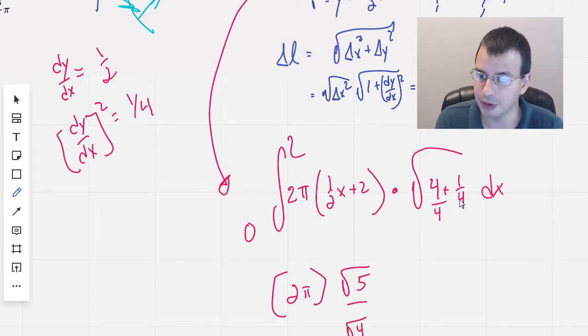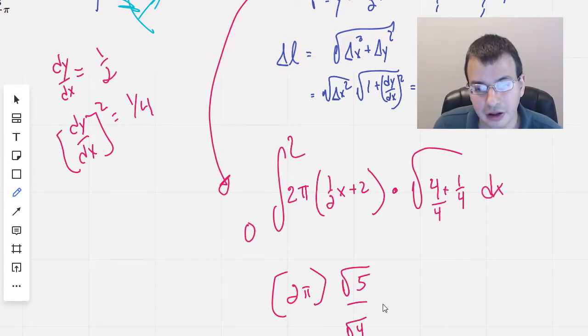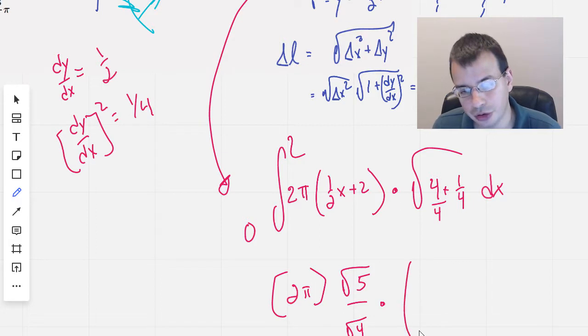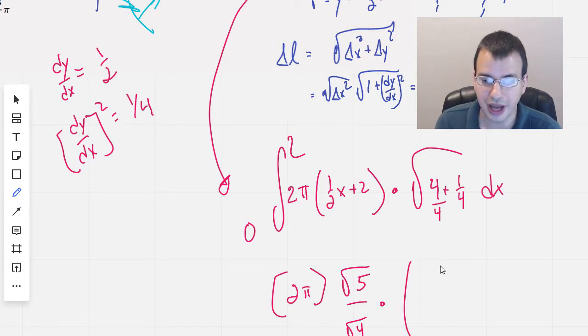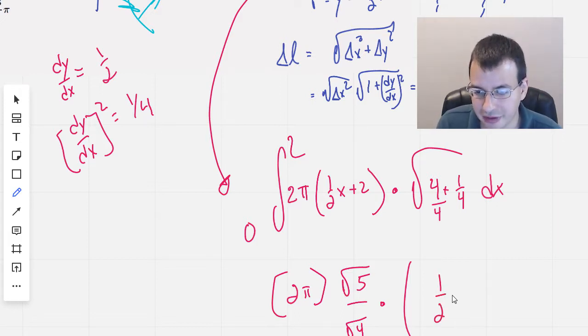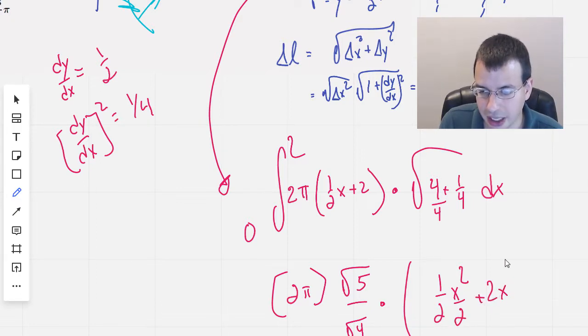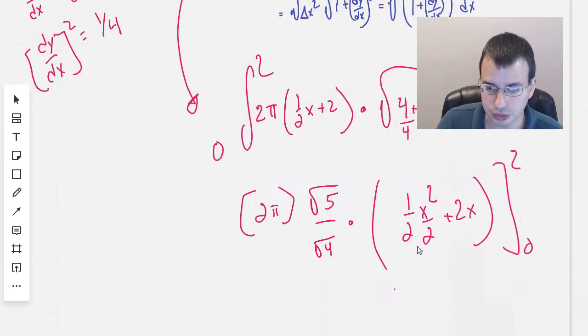The top part, 4 plus 1, is 5. Times, and then we'll do the integral of 1/2. This will all be constant. So then we'll do the integral of 1/2 x, which will be 1/2 x squared over 2 plus 2x. And this will all be evaluated from 0 to 2.